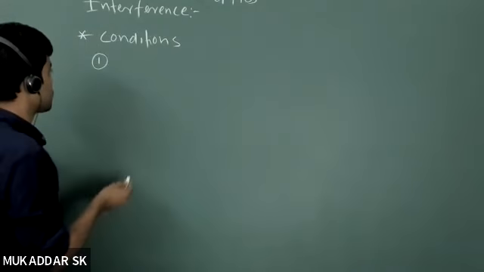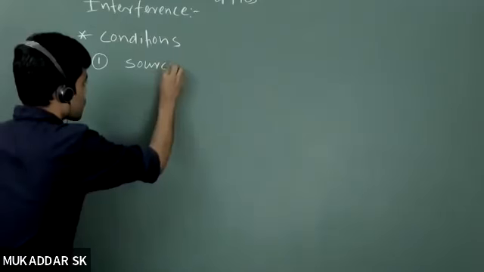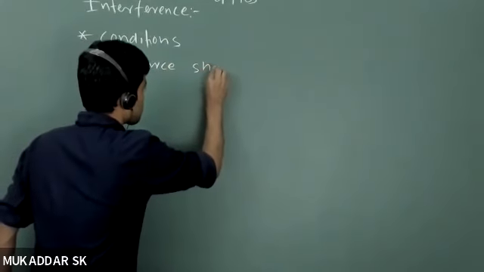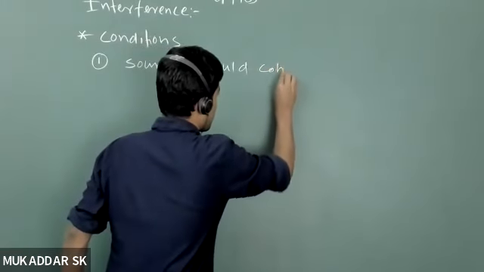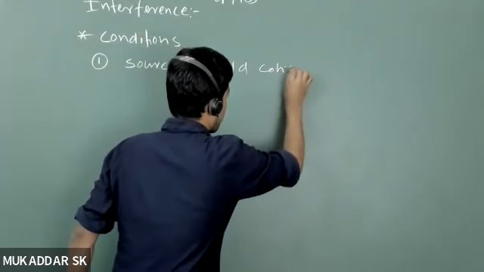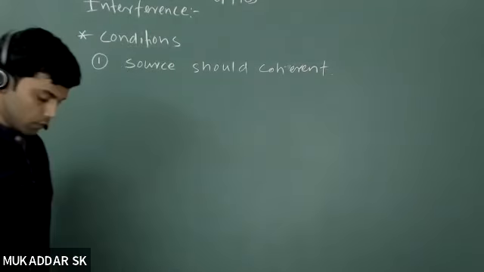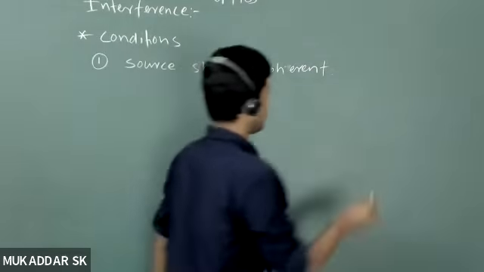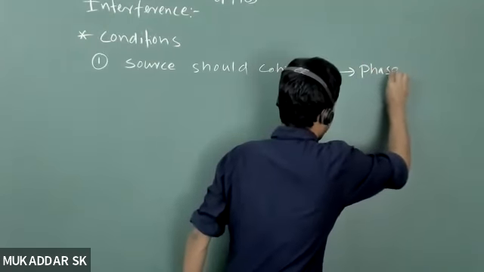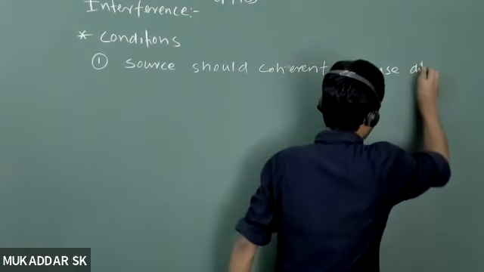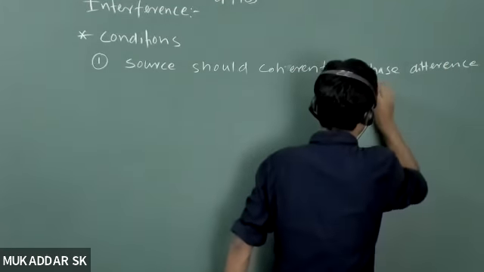So whatever sources you are using, the source should be coherent. Okay, what is the meaning of coherent? Coherent means the phase difference is constant.